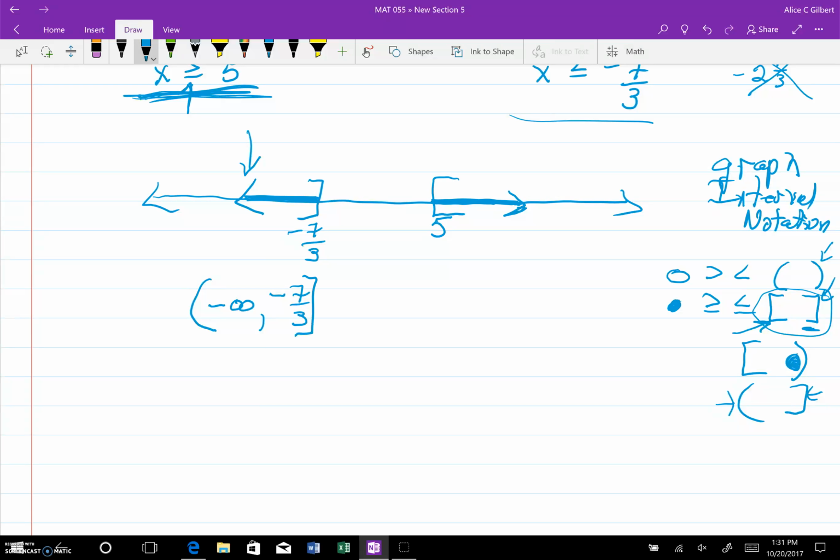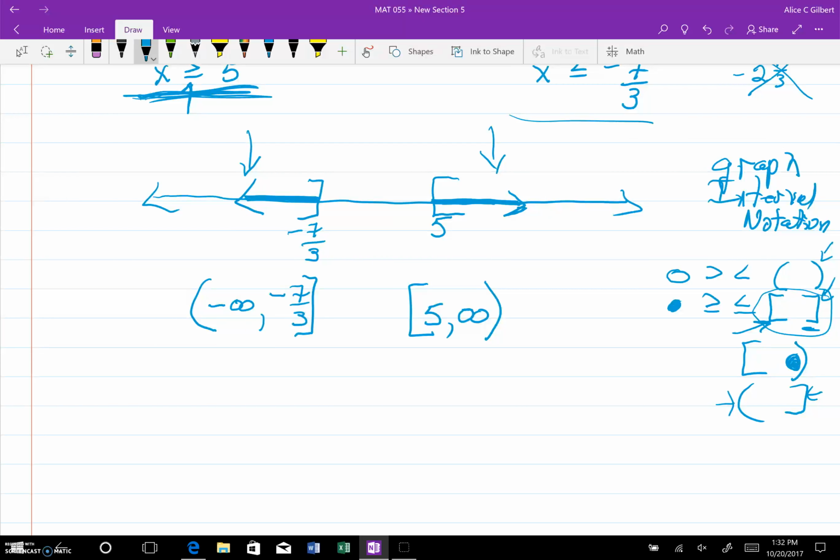Now let's do this one. Well, 5 is as far left as I can go in this one, and as far right as I can go is positive infinity. Now I just told you, you can never ever put a bracket next to an infinity because we have no idea where infinity is. So it has to be parenthesis.